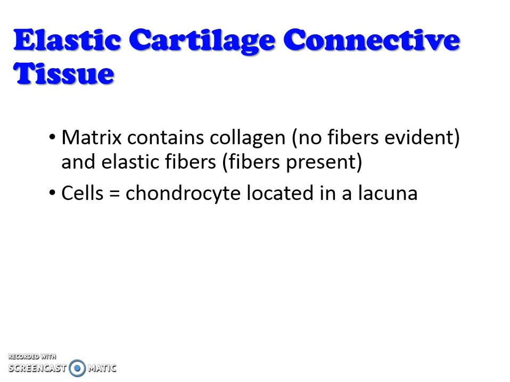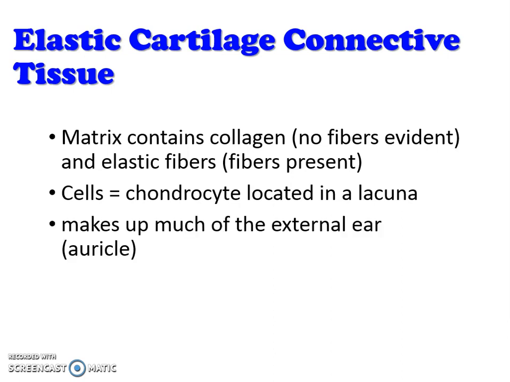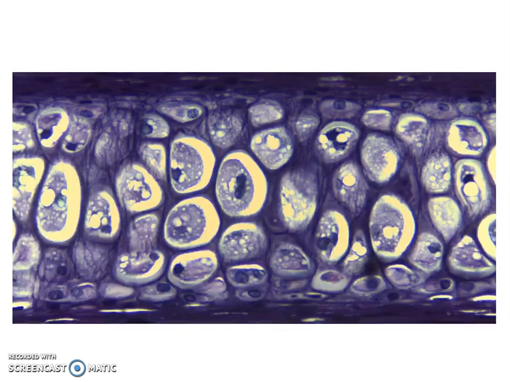And again, the cells are chondrocytes, and they're located in spaces in the matrix called lacuna. We find elastic cartilage connective tissue very commonly in the external ear, also called the auricle or the pinna. And if you reach up, you should be able to bend your ear a little bit. That gives you an idea of what elastic cartilage connective tissue looks like.